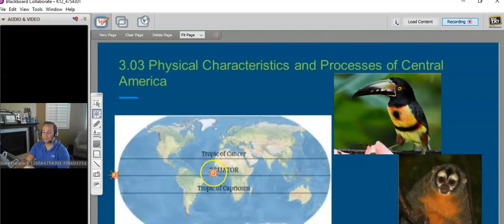And then it goes back and forth by directly hitting either the Tropic of Cancer, which is 23.5 degrees north, or the Tropic of Capricorn, which is 23.5 degrees south. Basically, if it is directly on the Tropic of Cancer, that's going to be our summer, because we're going to have more light during the day. When it hits the equator, we're going to have either fall or spring, and when it's the Tropic of Capricorn, as we're going into right now, we're going into winter, so it's going to start becoming darker and not have as much light there.